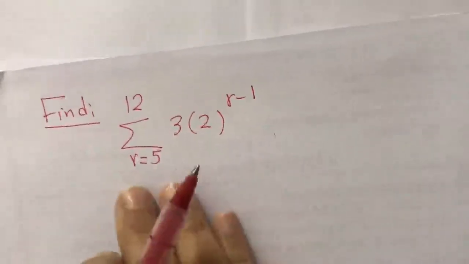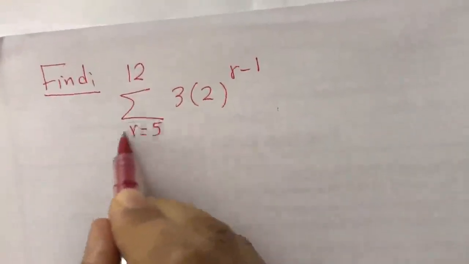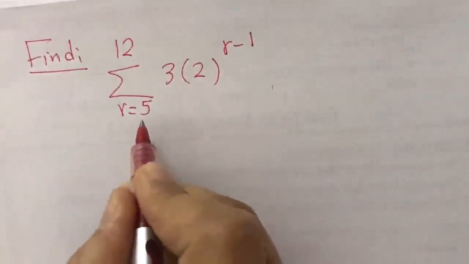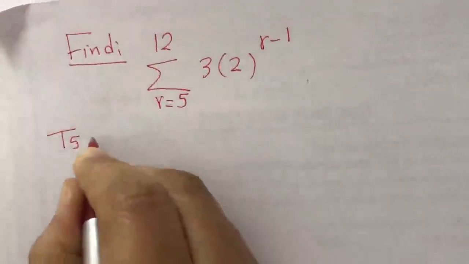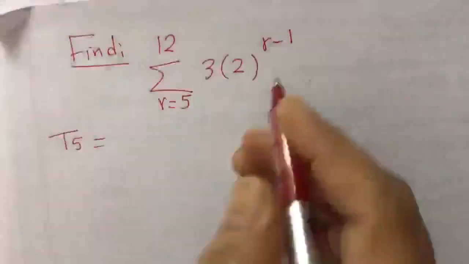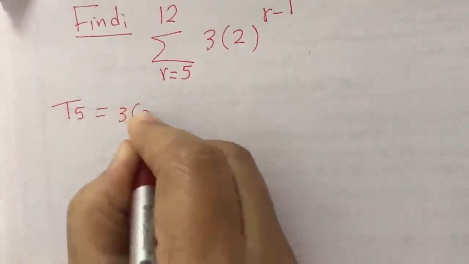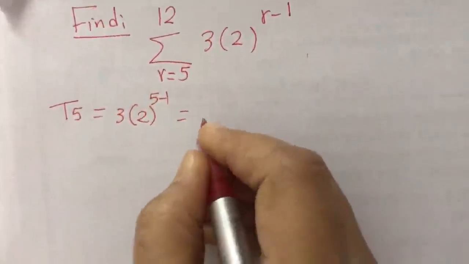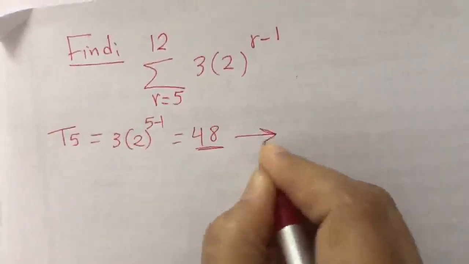This is a series. But here we start from r equals 5. It means we start from the 5th term. It means T5 is the starting point here. Instead of r, I will put 5. It will be 3 multiplied by 2 to the 5 minus 1, it means 2 to the power 4. It will be 48. This is the first term for us now.